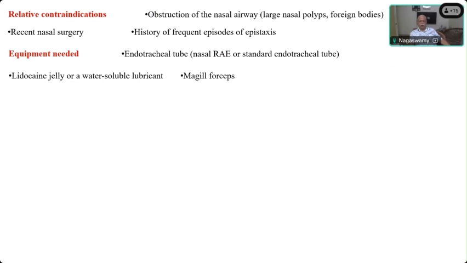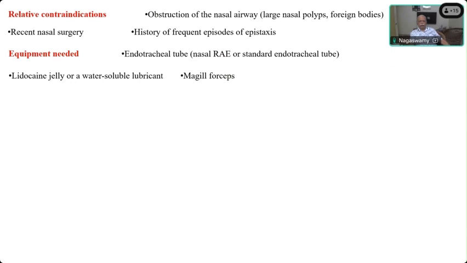That red rubber tube was designed by Sir Ivan Magill, who was an anesthetist to a very famous plastic surgeon called Harold Gillies. These two people did a lot of facial trauma and facial surgeries in the soldiers who got injured in the Second World War.